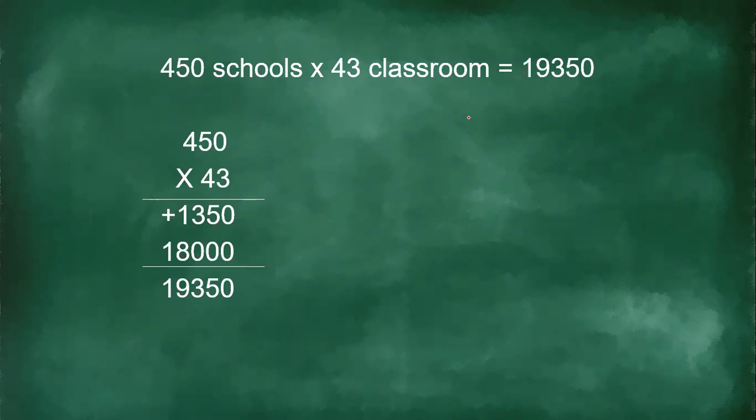How did you do it? Okay, sir, I did this. I multiplied 450 by 43 and got 19,350.